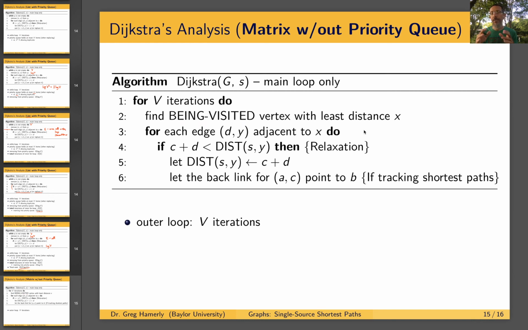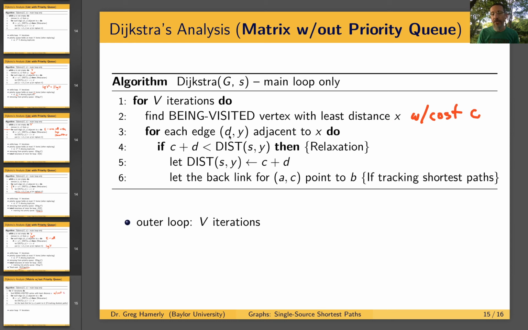So among all the vertices that have been discovered but not yet plucked out to be processed, we find the one with the lowest cost, and we'll call that x. And I don't say it here, but we'll say with cost c, right?